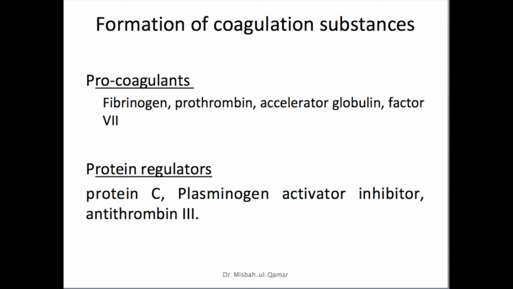For the formation of fibrinogen, prothrombin, accelerator globulin, and factor 7, the liver requires vitamin K. So, in its absence, coagulation may be prevented by decreased concentration of these substances. The liver also makes protein regulators of coagulation and the fibrinolytic pathways. These regulators include protein C, plasminogen activator inhibitor, and antithrombin 3.